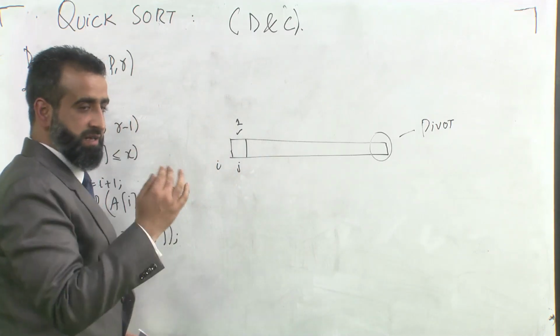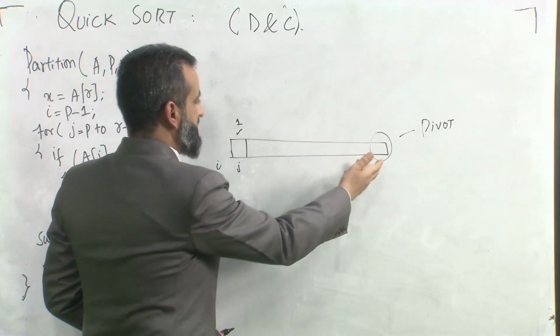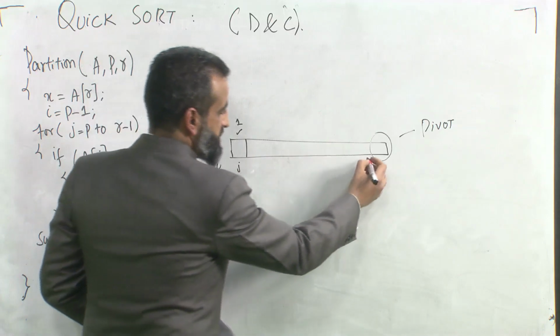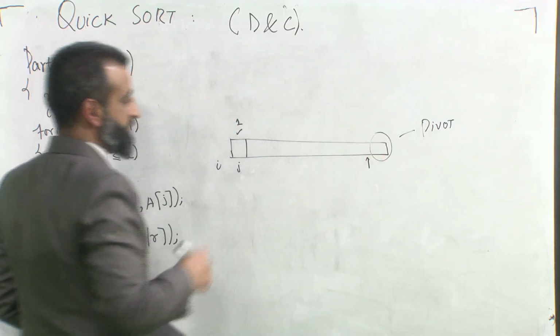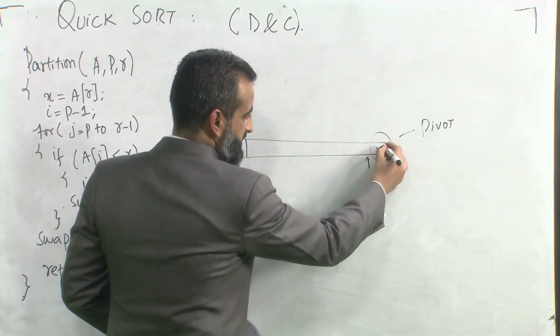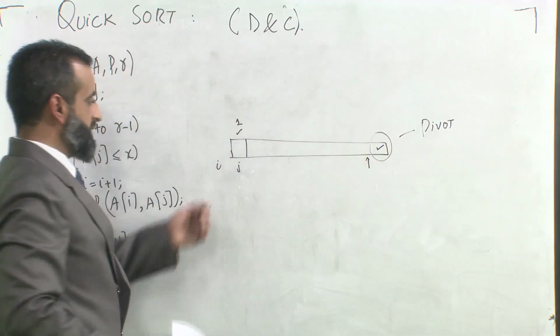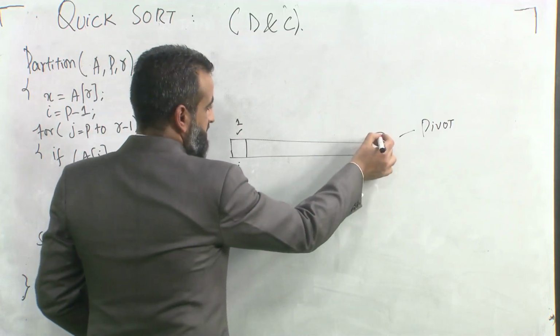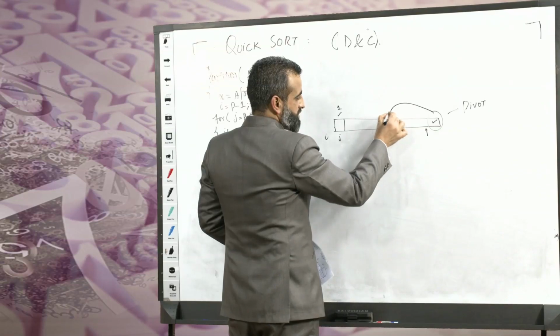Wherever we encounter an element that is smaller than the pivot, we'll make a swap, till j reaches n minus 1. Once we are done with this, we'll take the pivot element and swap it with the element pointed to by i plus 1. Let's assume this is the position.